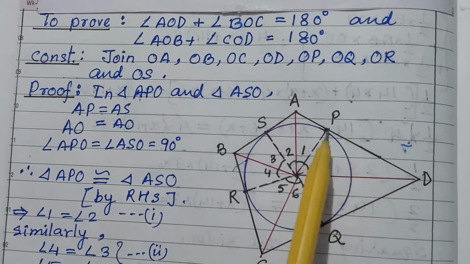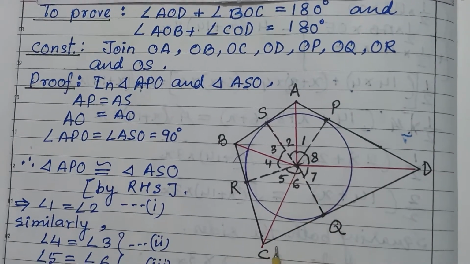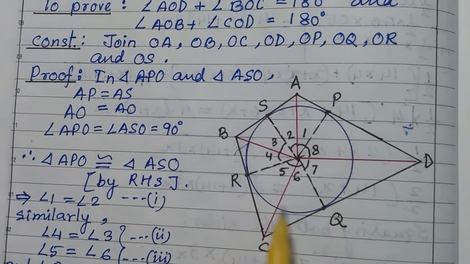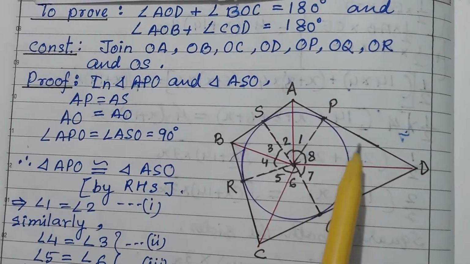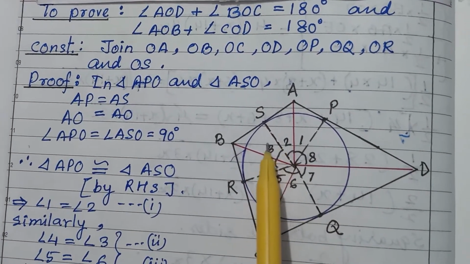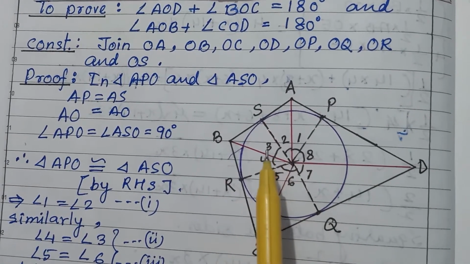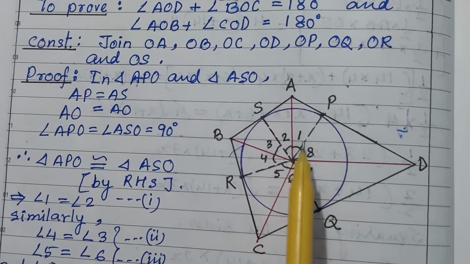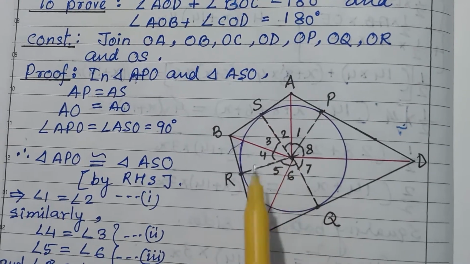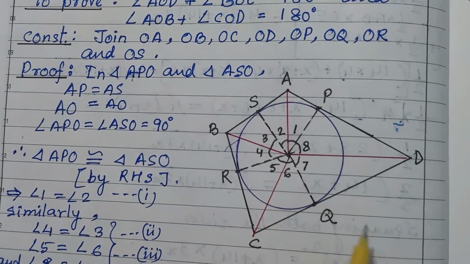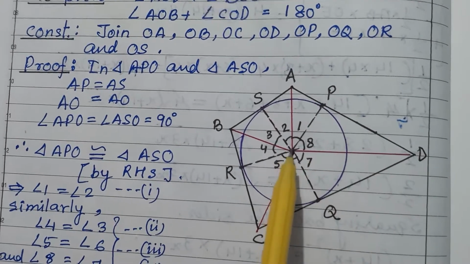Similarly, DP is equal to DQ, CQ is equal to CR. In this way, all the tangents are equal. Now, here you see the angle AOD.